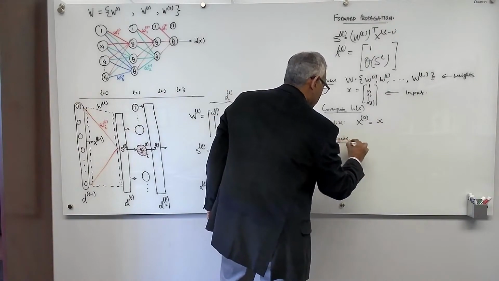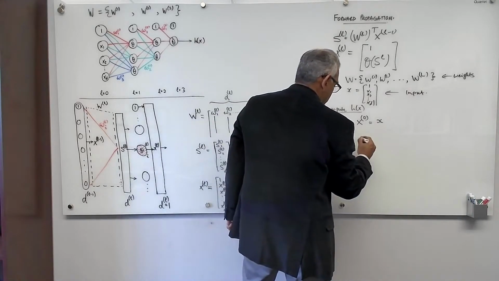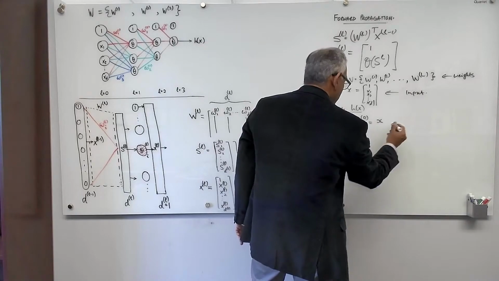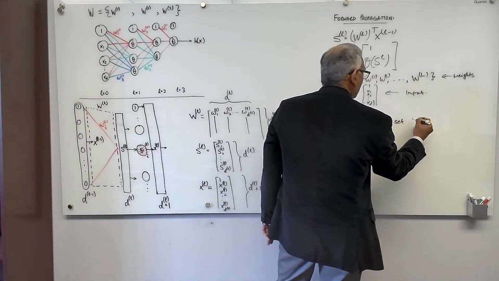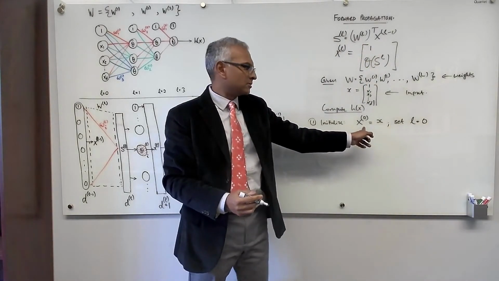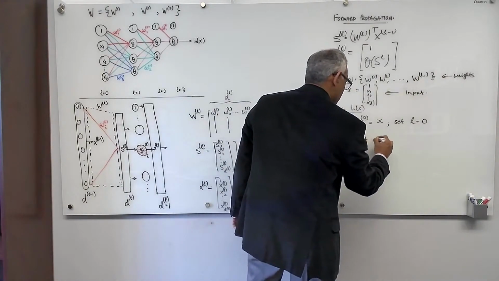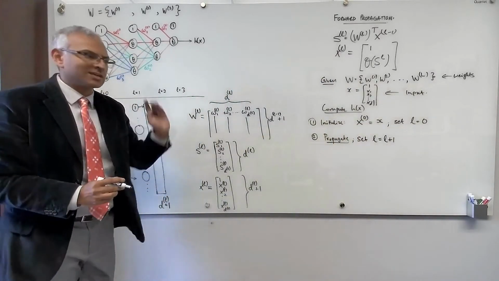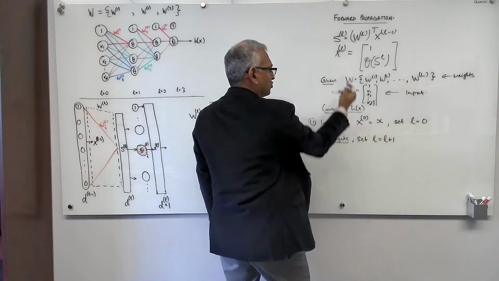Propagate. So set the layer that you're working on, L equals to 0. So you've initialized layer 0. Now propagate. Set L equals to L plus 1. So we're going to now compute the output of the next layer. We started with L equals 0, and we compute first the input to that layer.